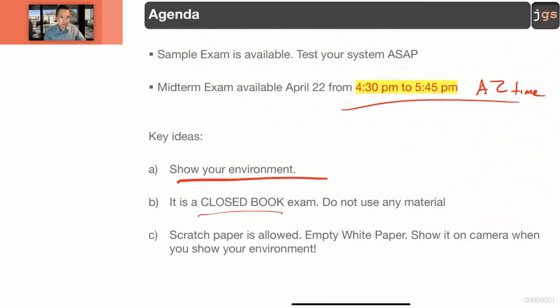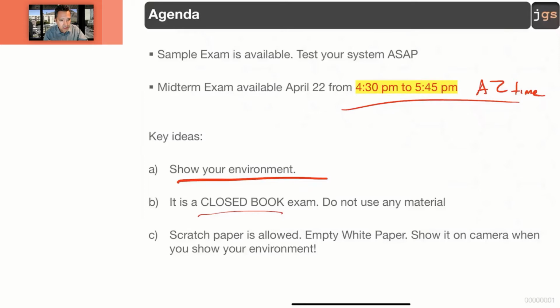Scratch paper is something that you can use. It's okay. Remember, show your paper to the camera. It should be empty. Nothing printed, no recycled paper. It's going to be flagged. So empty paper, please. White paper, you show to the camera, you can use that.